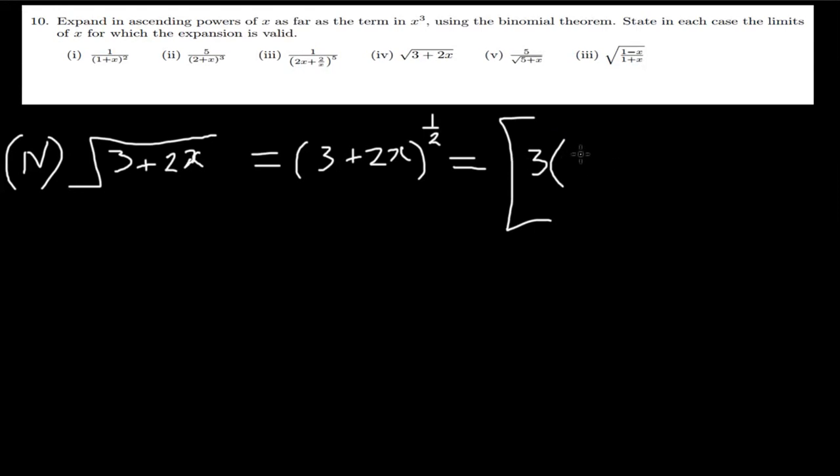So we divide 3 by 3 there, you get 1, and then 2x divided by 3, you get 2x over 3. So this should be in such a way that if I want to go back to this, I should just multiply 3 times 1, I'll get 3, and then 3 times 2x over 3, I'll get 2x. So if you get a different answer, just know to say you've made a mistake somewhere. So this is raised to the power half.